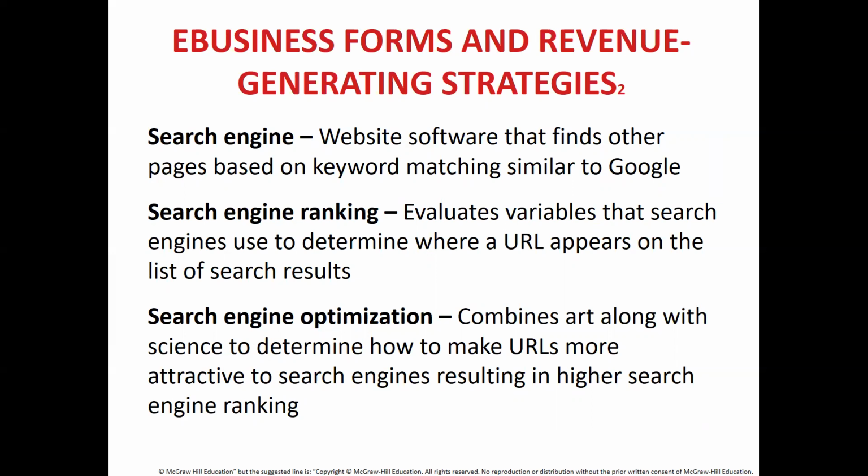There are various ranking factors that influence whether a website appears higher on the search engine results page, based on the content relevance to the search term or the quality of backlinks pointing to the page. Search engine optimization combines art along with science to determine how to make URLs more attractive to search engines, resulting in higher search engine ranking.